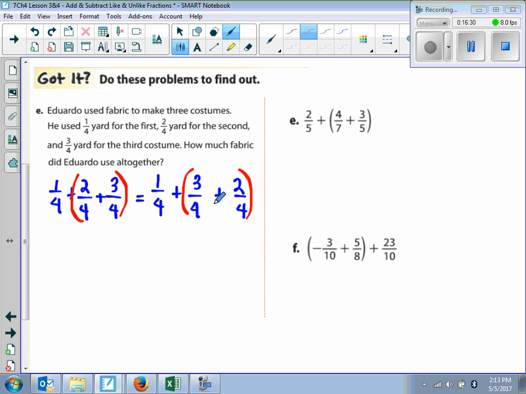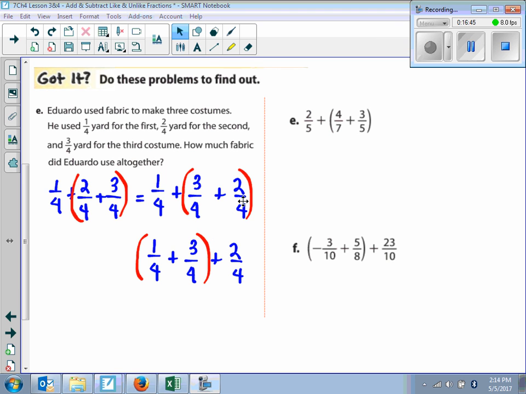That's the commutative property. So now, I'm going to take these two parentheses and I'm going to move from the back two to the front two. So now I'm going to use my associative property to move the parentheses from the second two to the first two. Now look at what happens here.